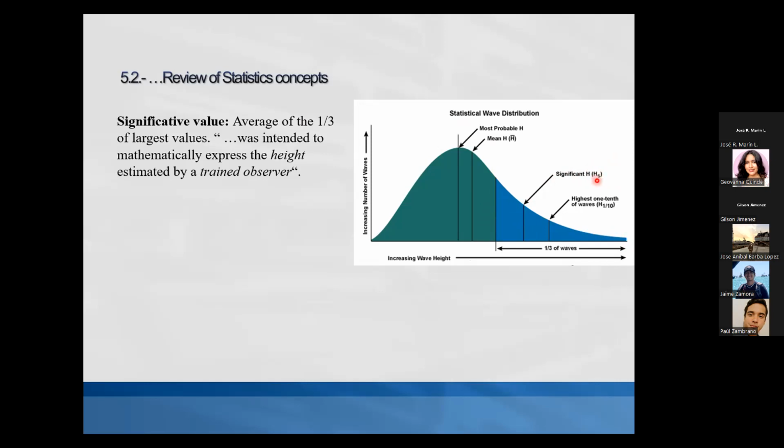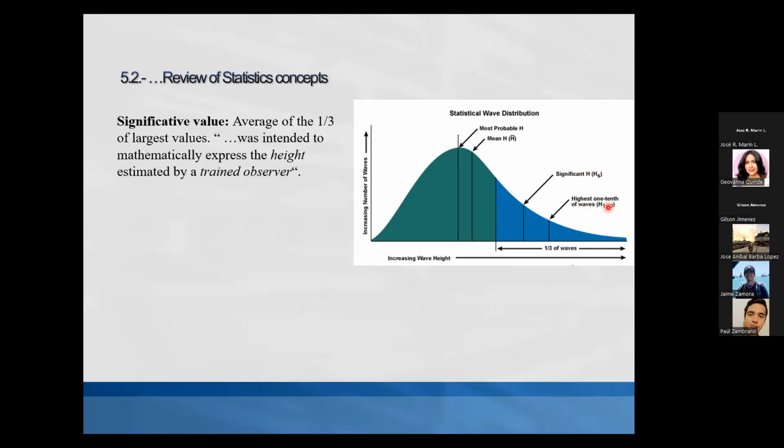Now in some cases, it is possible that some people use another parameter. Instead of the average of the 1/3, they take the average of the 1/10. So this is another parameter that could be employed. The significant value is more common, but this is also possible to use.